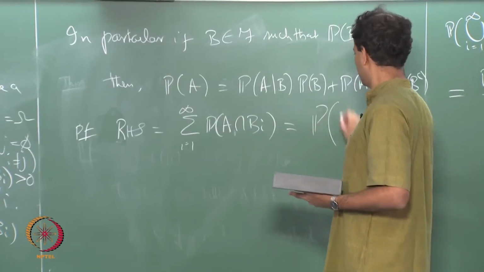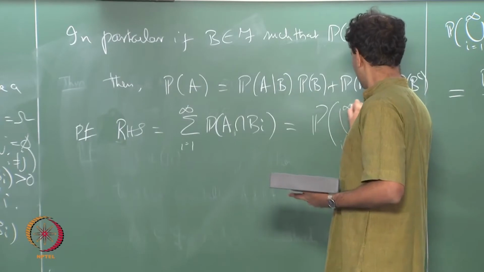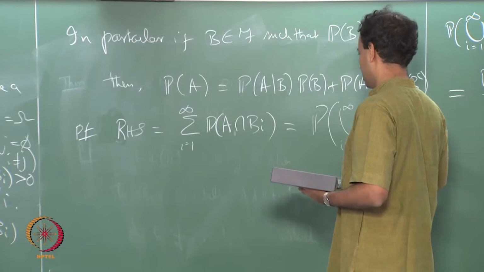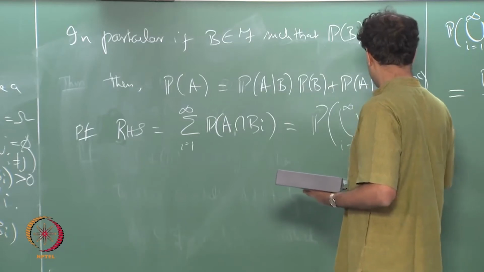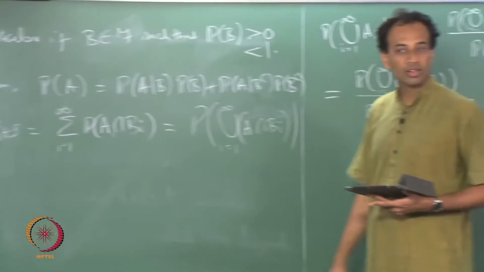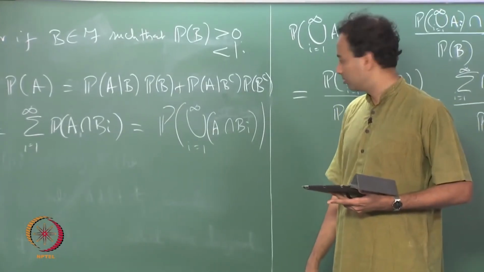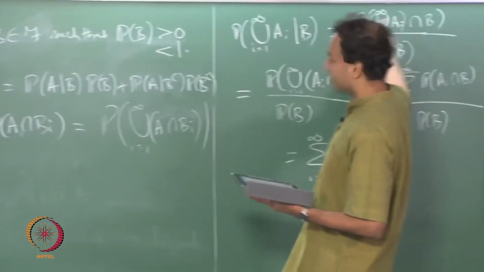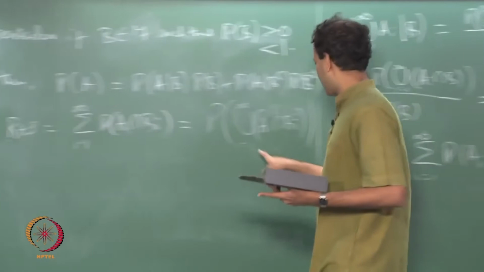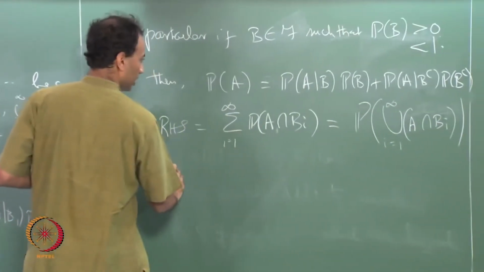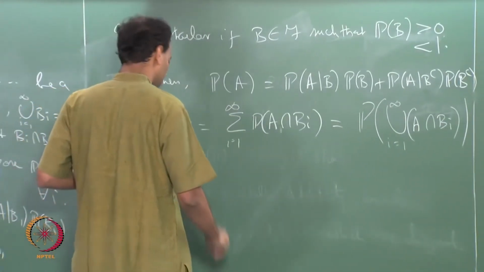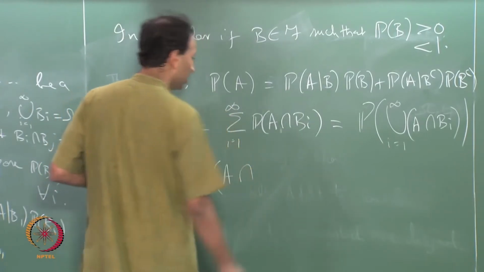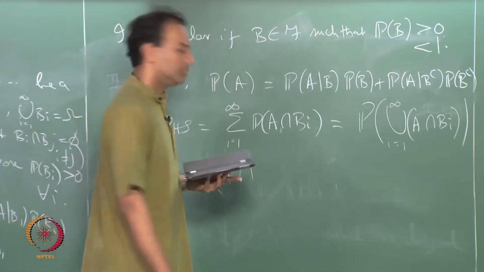I can write this as probability of union of A intersection B_i. Now, again I use the set theoretic identity, which says this will be equal to probability of A intersection union of B_i.